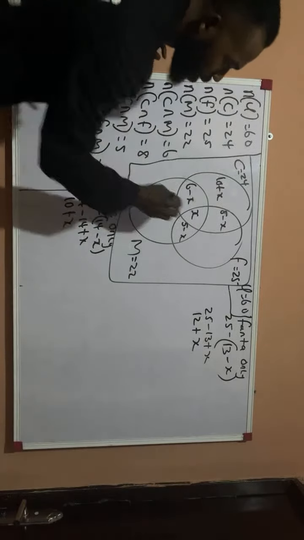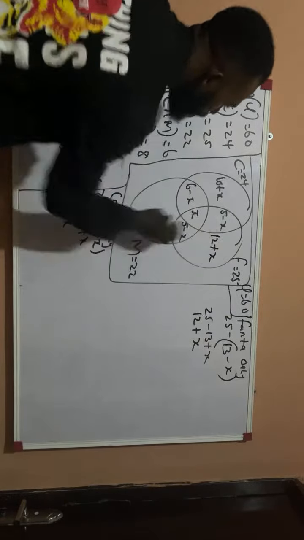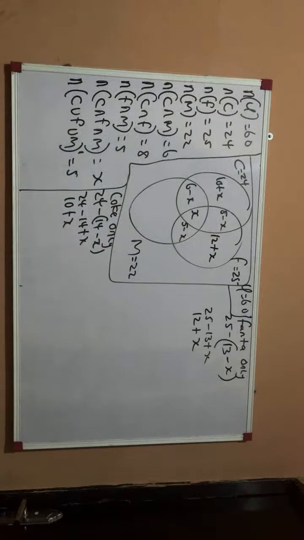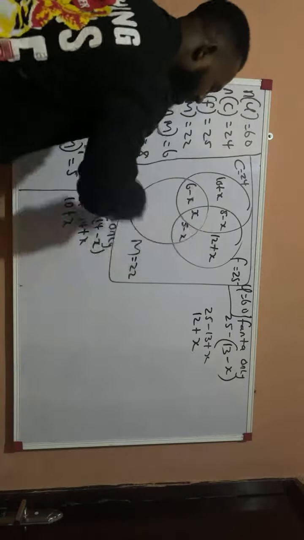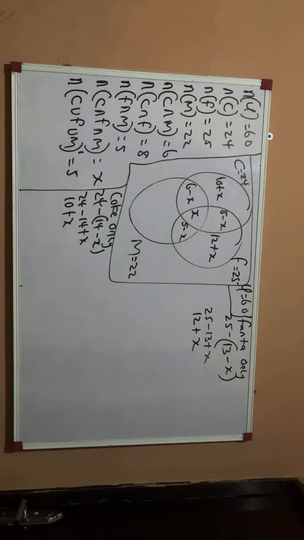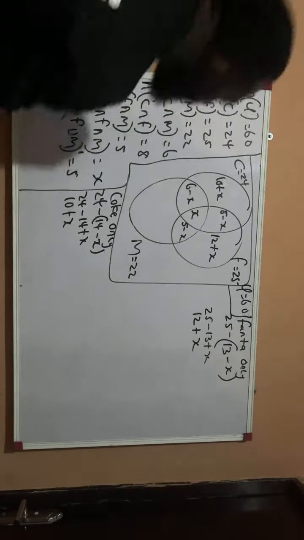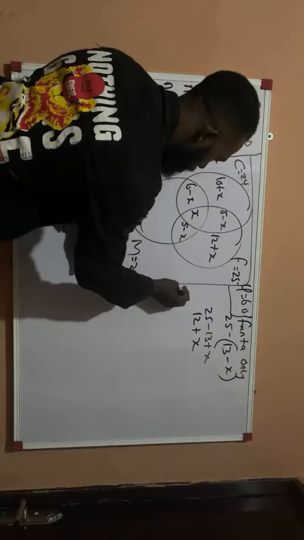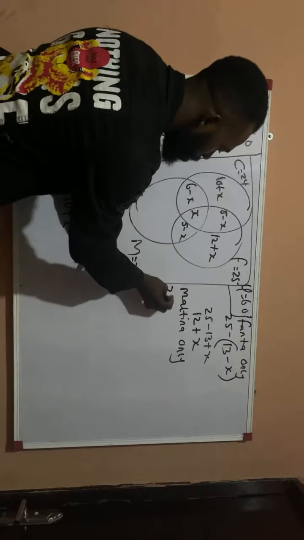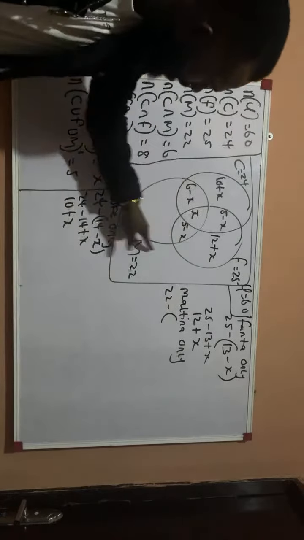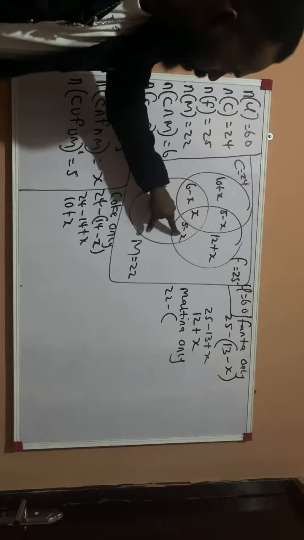Now, if we have 12 plus x as the number of people that drank only Fanta, what are we left looking for? The number that drank only Martina. Only Martina is the total number of persons that drank Martina minus the persons in the circle of Martina. So, the total number for Martina only is 22 minus, and what we have inside the circle of Martina is 6 minus x, x and 5 minus x.